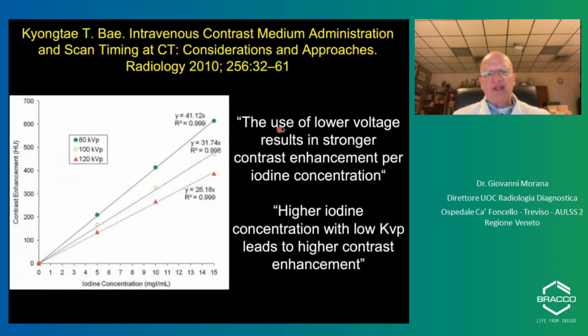Moreover, if we use a high iodine concentration with a low kVp, it will lead to higher contrast enhancement. That means if we use, for example, Iomeprol 400, we can get a better enhancement of the vessels and the parenchyma, but most important, we have a better contrast between the lesions and the surrounding parenchyma.